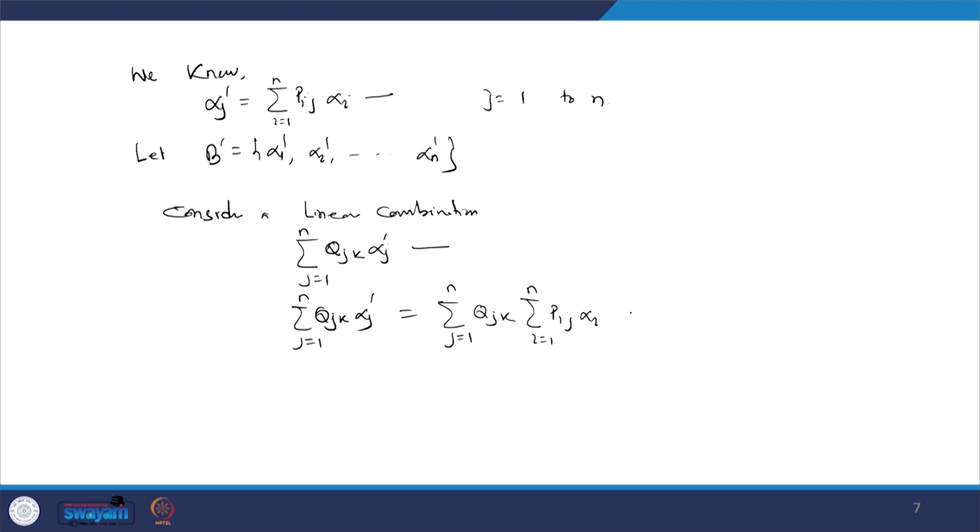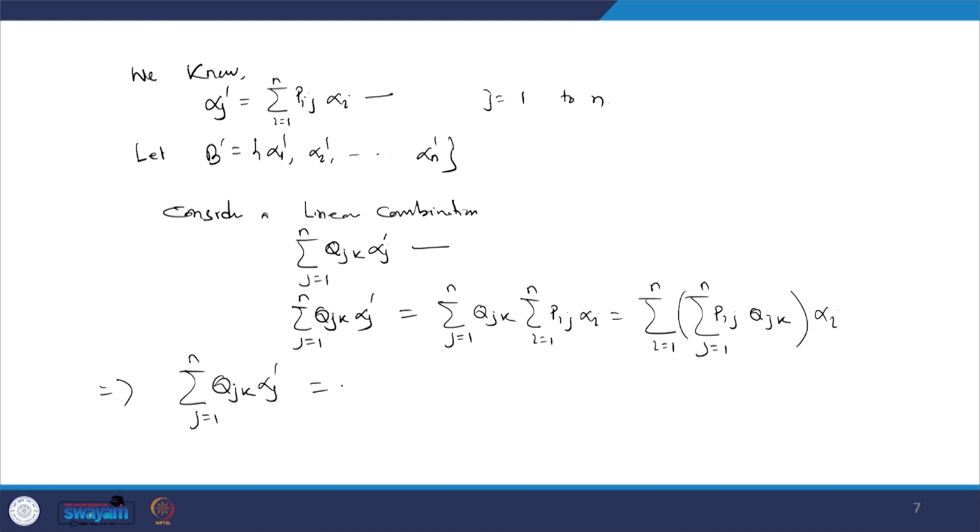So, this is equal to sigma i equal to 1 to n, sigma j equal to 1 to n p i j q j k alpha i.